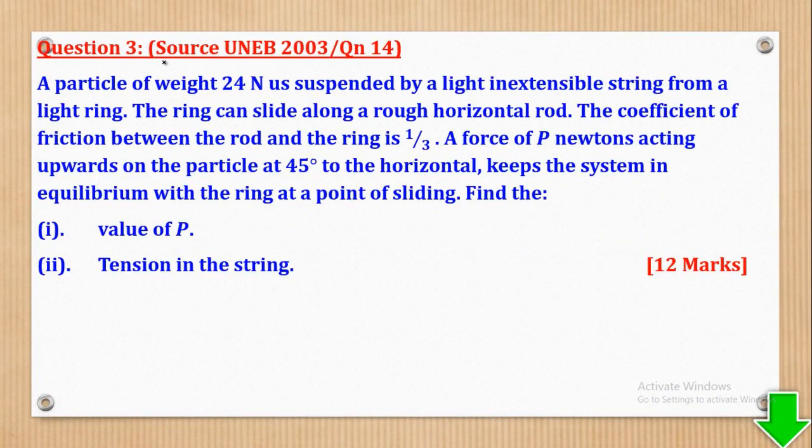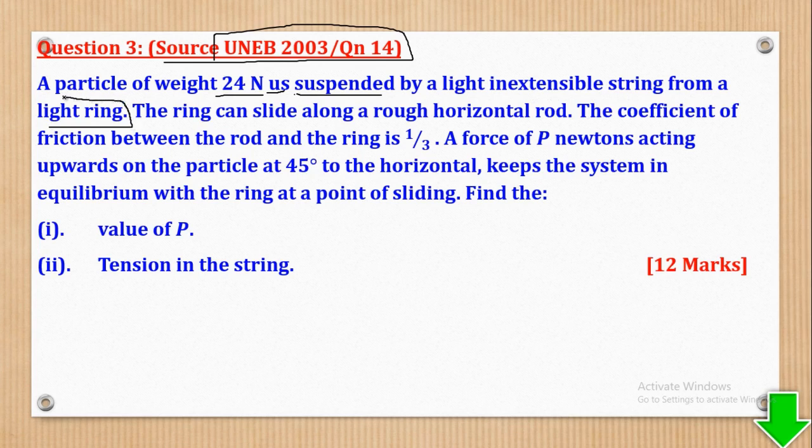Now we shall go to question 3, which came from UNEB 2003, paper 2, question 14, and it says a particle of weight 24 newtons is suspended. So this word is suspended by a light inextensible string from a light ring.